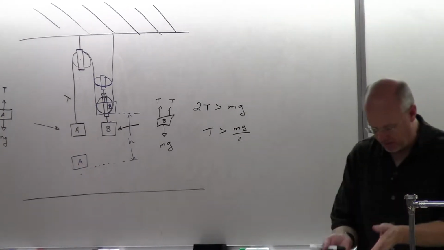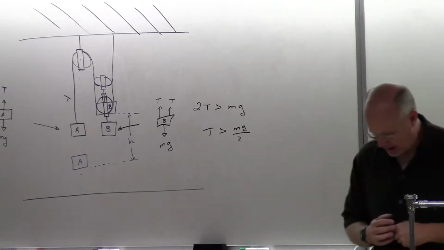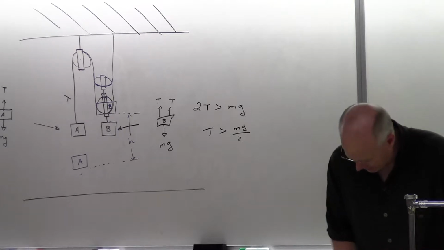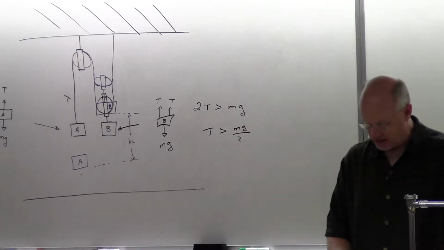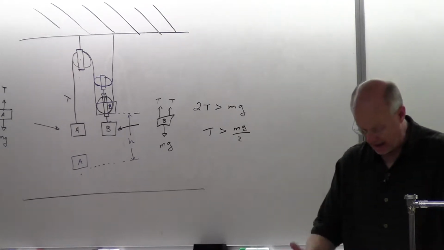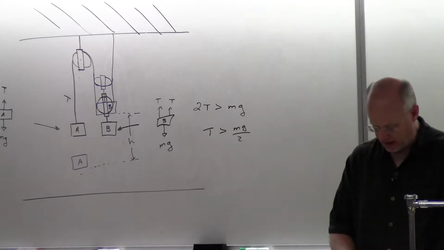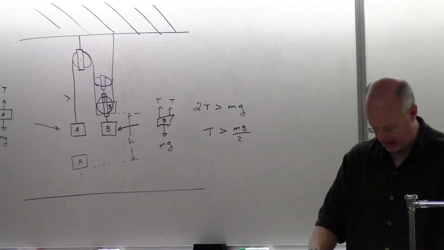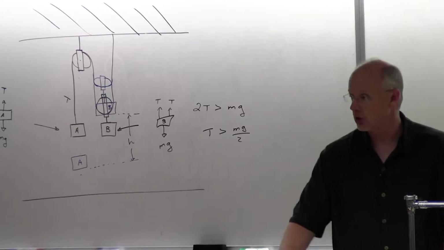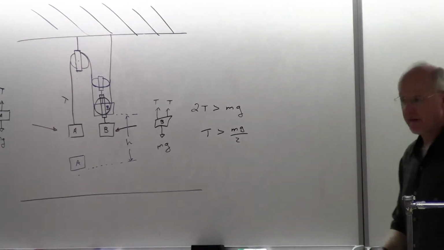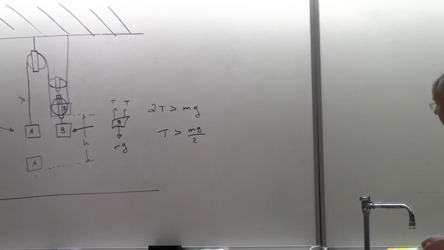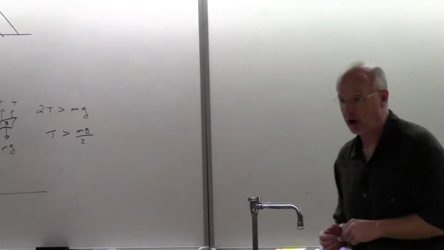Now they're separated with B going up, A going down, and that's really the question. It says, find the speed of block A at the moment the vertical separation is h. Okay? So obviously it's a symbolic one. And it does involve heights, and it does involve velocities.